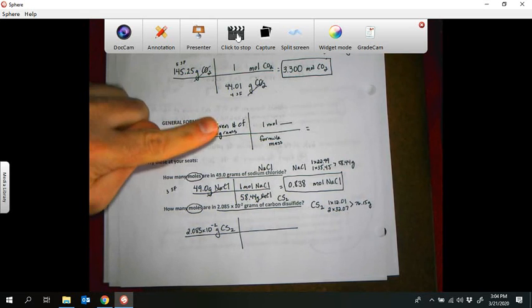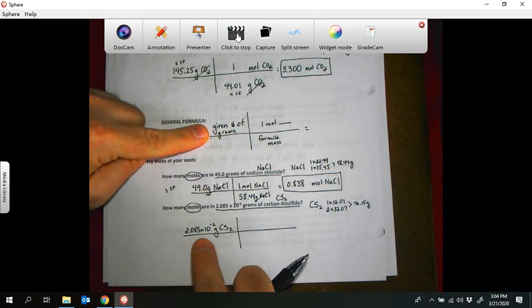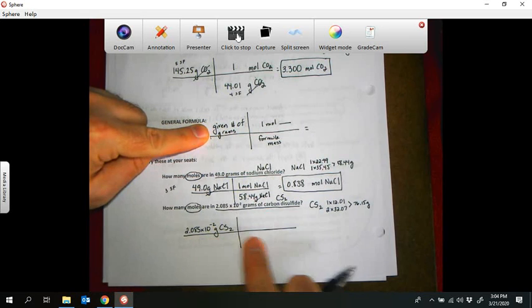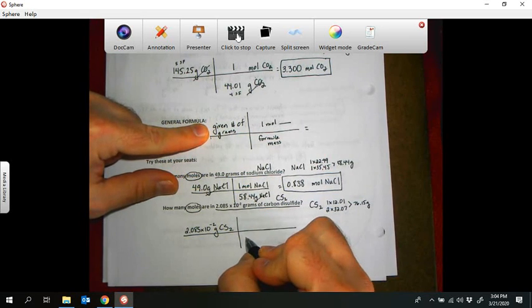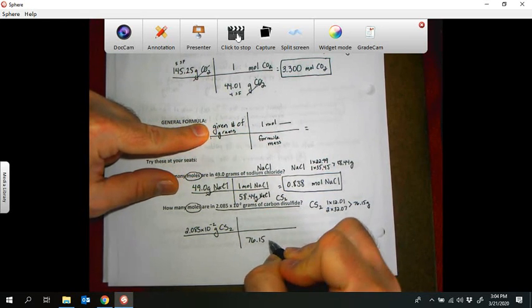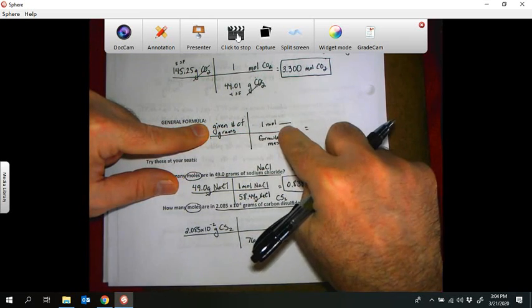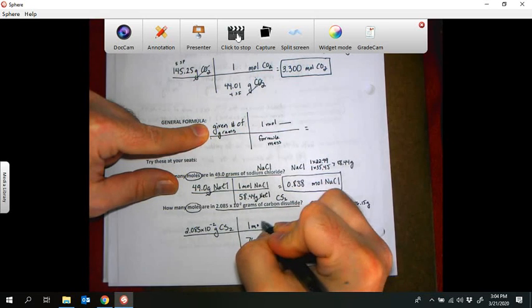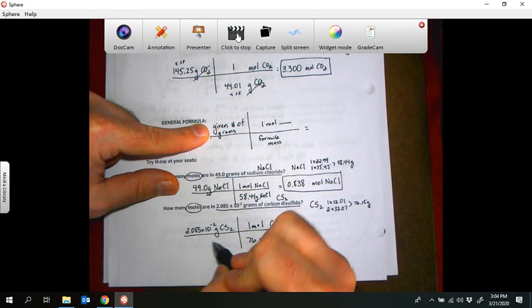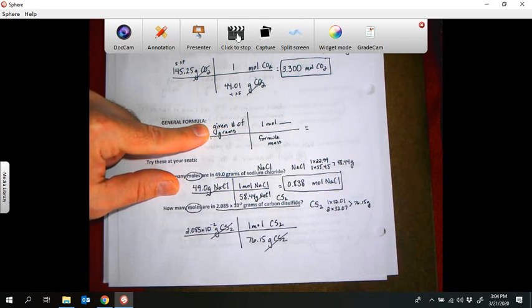Following our general formula, we have the grams given. Now down here we put the formula mass, which we just calculated to be 76.15 grams. And up on top, we put 1 mole of that substance. Our grams cross out. We divide.